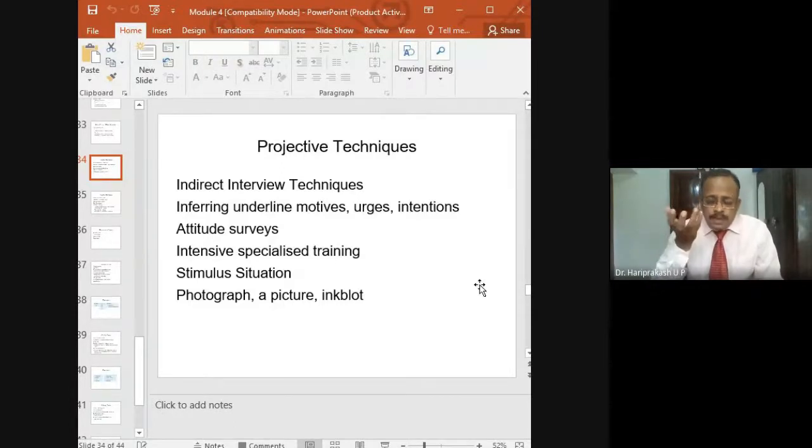What we speak, how we behave, what we think is actually a reflection of our inner personality. How we speak, how we behave, how we act.